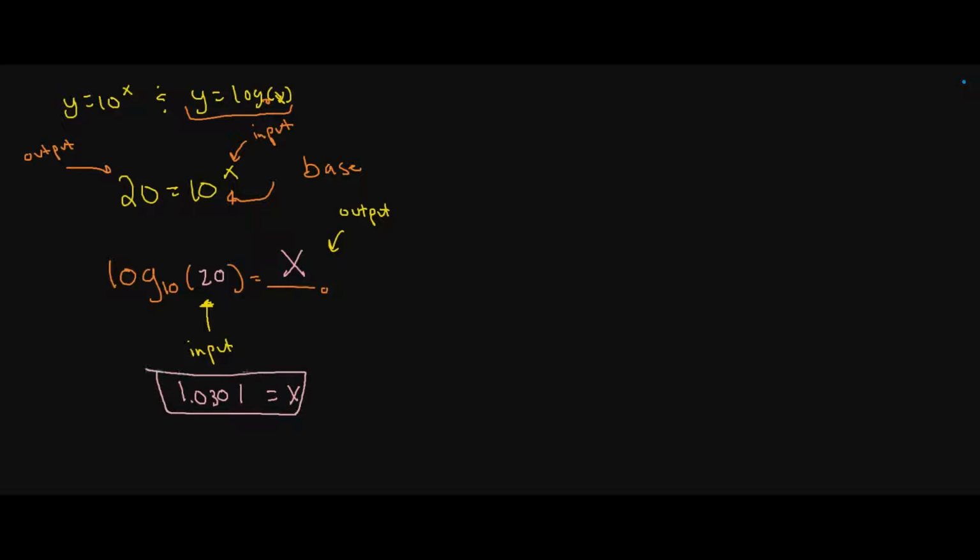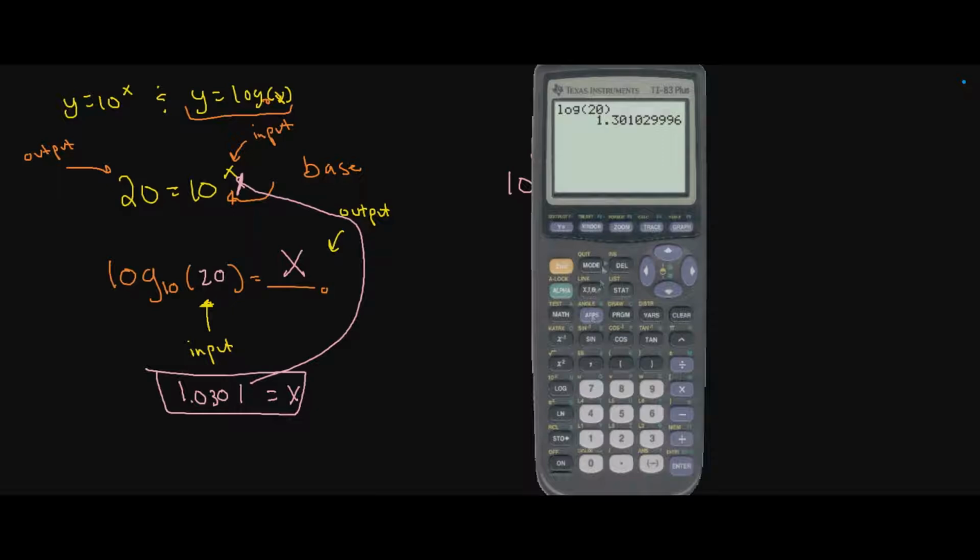That means if I plug this back into my function, I should get 20. If I do 10 raised to the 1.301, I better get approximately 20, maybe 19.99 or something like that, right?